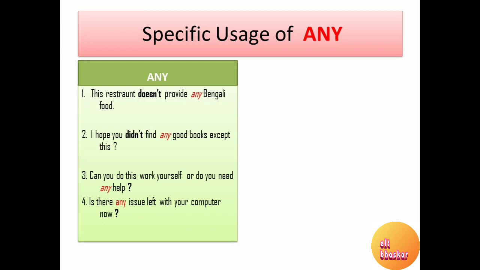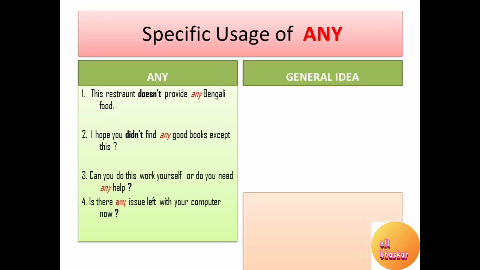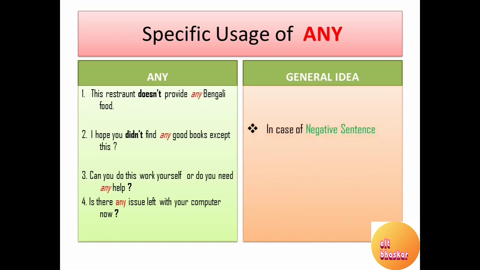So there are 4 sentences, 4 different applications, and that also has a general idea. What is the general idea? In the first sentence, this restaurant doesn't provide any Bengali food. Here, don't you find that it is a negative sentence? Yes, it is. How? Because we have used the word doesn't, not.